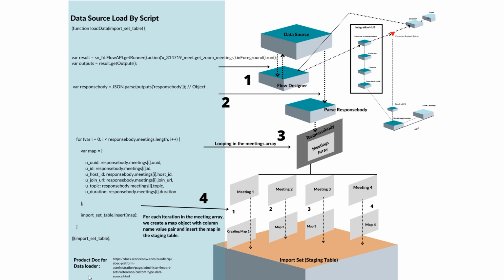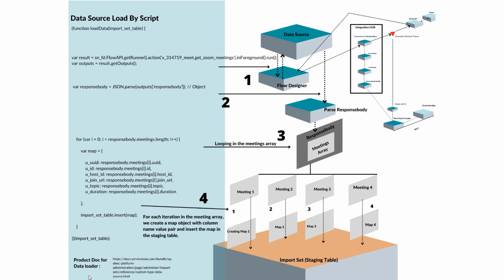We will know what the length of this array is, and we can run a loop over the meeting array. And for each iteration, we can create a map object which will contain the meeting details. So the map object, for example, here we have u underscore UUID and the value, u underscore ID and the value, u underscore host underscore ID and the value of the host ID.